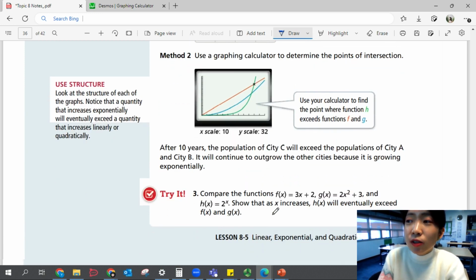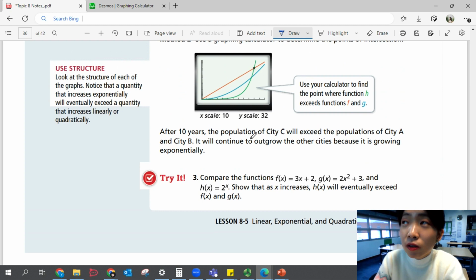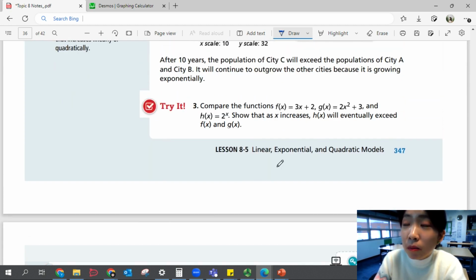Okay, let's look at try number 3. Compare the functions f of x and g of x and h of x. Show that as x increases, h of x will eventually exceed f of x and g of x. So you can use both methods. Method 1, you can use the table of values. And method 2, you can use the graph to show that h of x will eventually exceed, because h of x is an exponential equation, right?